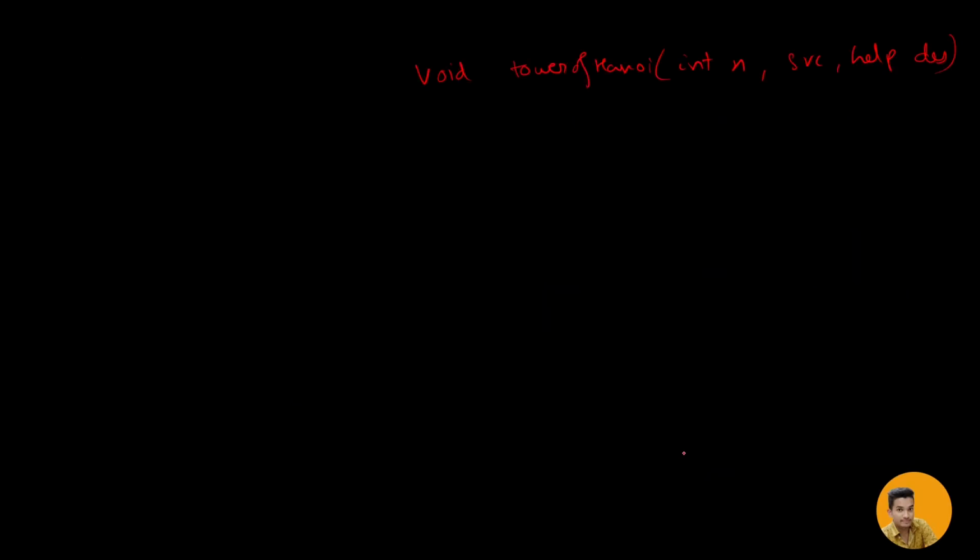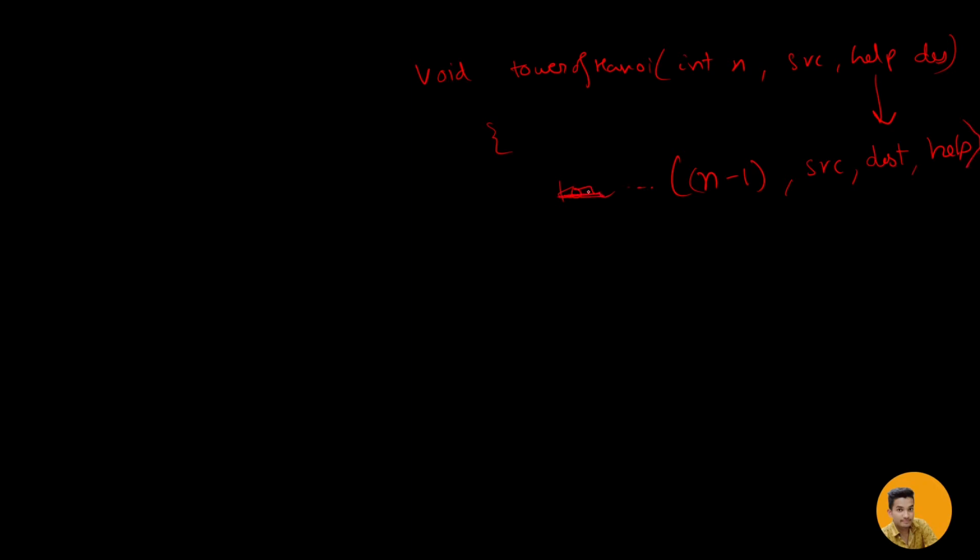So I will write here Tower of Hanoi, and it will take n minus 1. The source will remain source, and the helping tower was acting as the destination tower, so I will write destination, and there was no use of helping, so I will just write helping here.